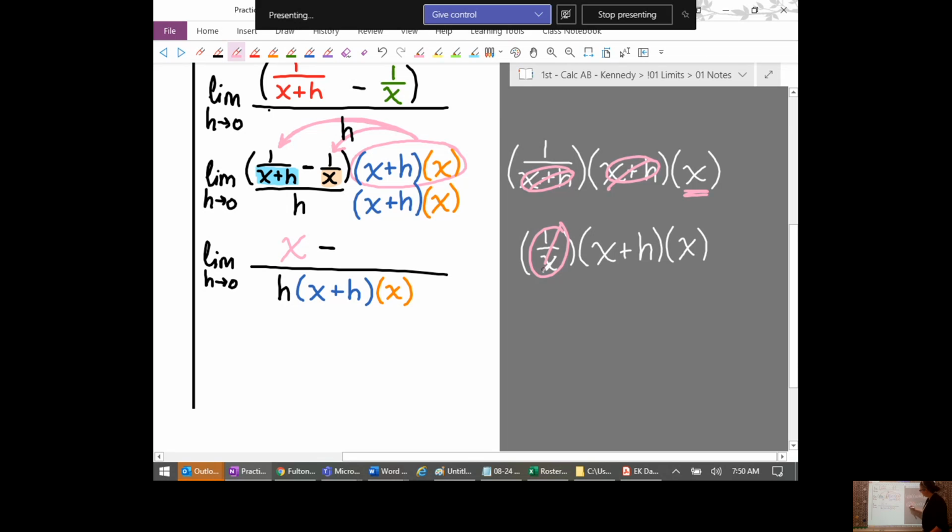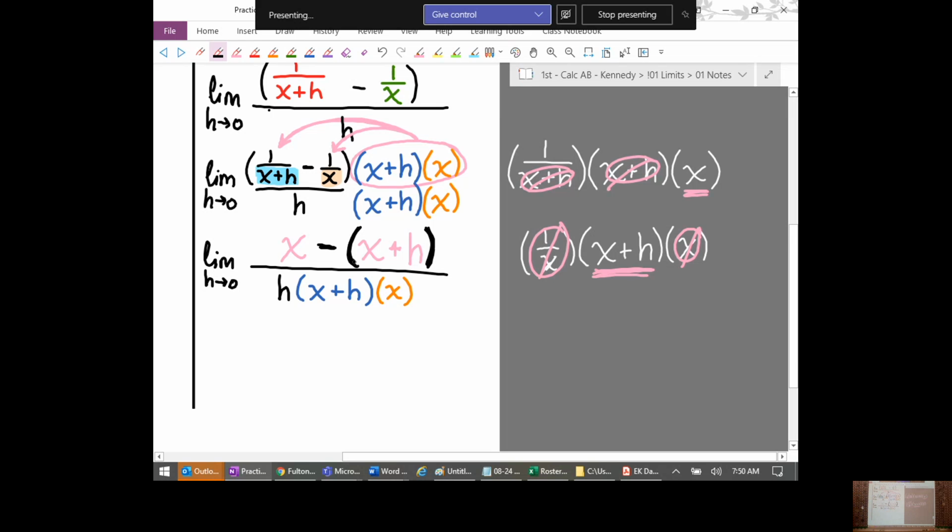And so there, this 1 over x and that x cancel, and we're left with the x plus h. And because of this subtraction, make sure you put some parentheses around that to remember to subtract all of it.